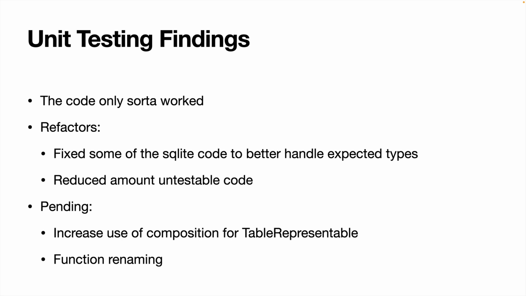Right now, table representable does all of those things, but it is not the best thing in the world because, for example, I'm having to either write unit tests for code that doesn't do anything to get code coverage, which I didn't do, which is why I'm only at 90%, or I can use composition, having protocols that define whether or not it can create a table or another one that allows you to update the table and so on. So I need to actually increase the use of composition for table representable.